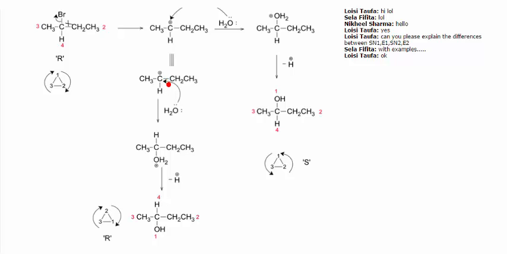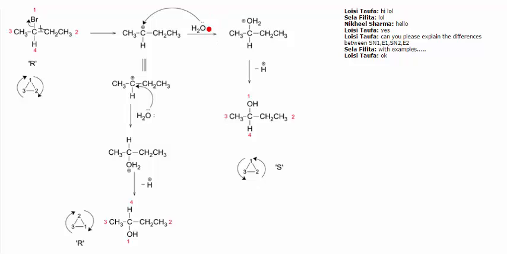So it's a back attack, where this is a direct attack. In the back attack, the hydrogen will move to the top, whereas in this one, the hydrogen remains where it originally was.